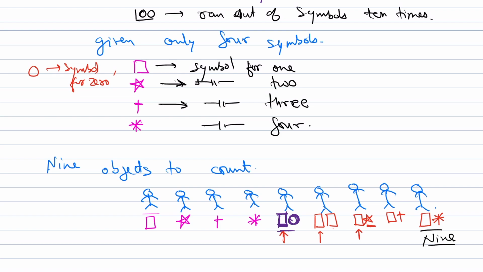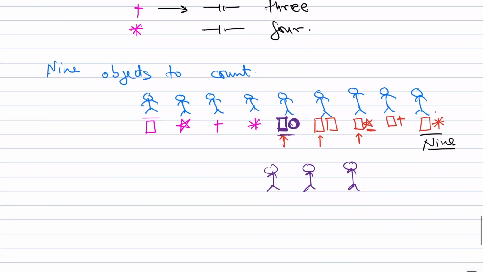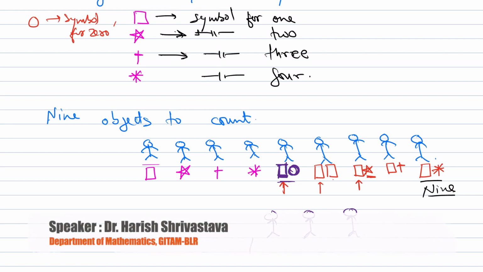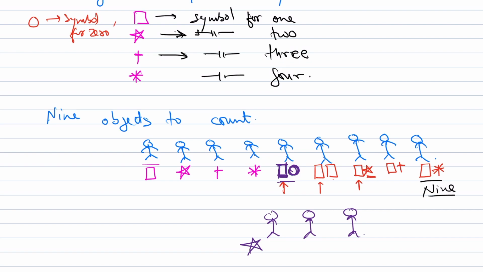What about if I have 3 more? I assume you must have got the catch of it. I am again running out of symbols here, so I have to keep a tally that I have run out of symbols twice, therefore I put the symbol for number 2 and a 0.